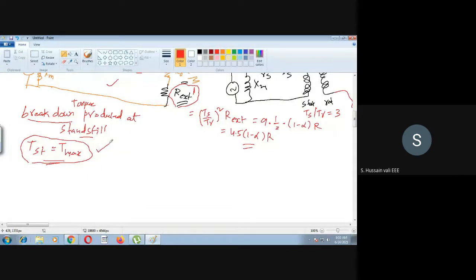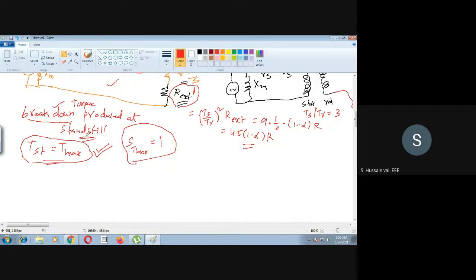Another statement we can have is that the maximum torque occurs at standstill. So it means the slip at which T max occurs is 1, because standstill means the slip is 1. Everyone knows that slip at standstill is 1.